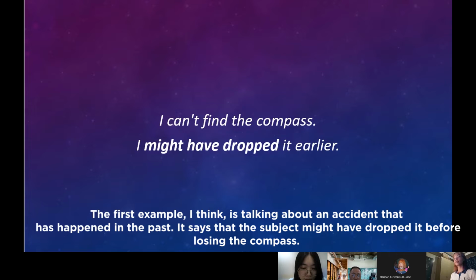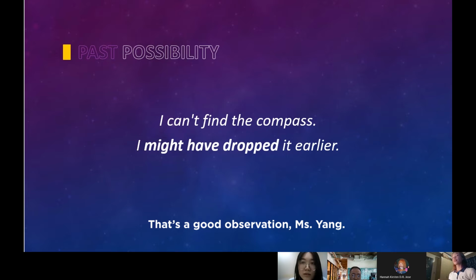The first example, I think, is talking about an accident that has happened in the past. It says that the subject might have dropped it before losing the compass. That's a good observation, Miss Yang.